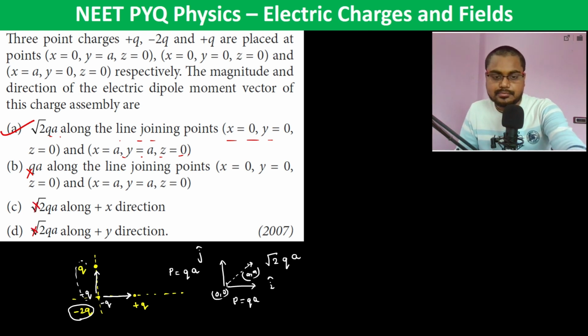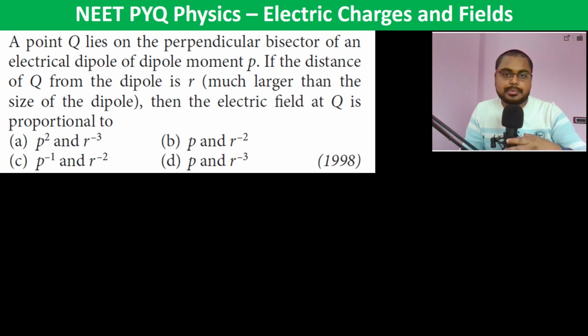Thank you. A point Q lies on the perpendicular bisector of an electric dipole. So this is the electric dipole. This is minus Q, this is plus Q. If the distance of Q from the dipole is R, then the electric field at Q is proportional to, and it is lying on the perpendicular bisector. So we will make a general formula.